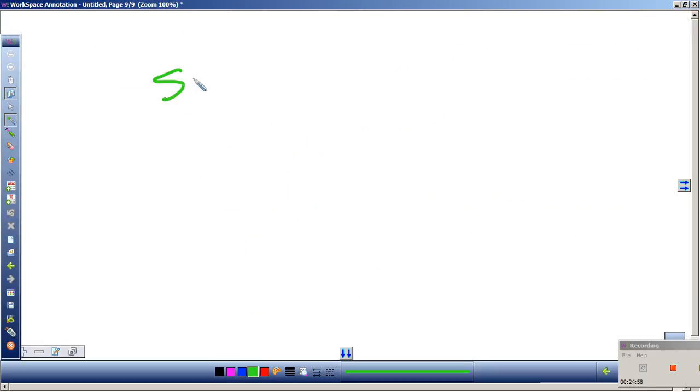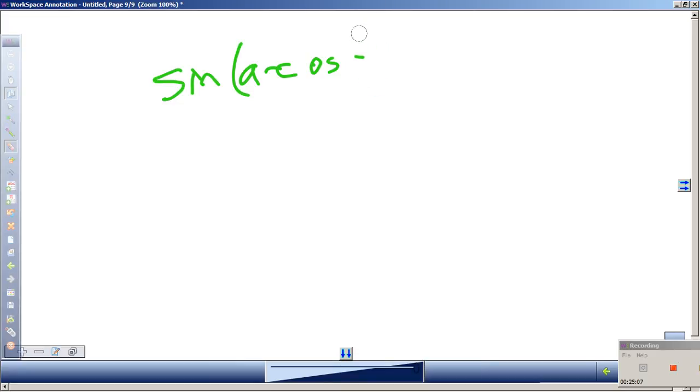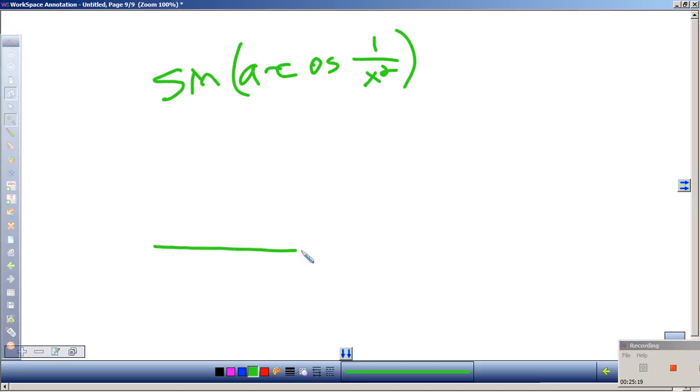So how about the sine of the arc cosine of 1 over x squared? How do you do this one? I would, just like before, start off with my triangle.